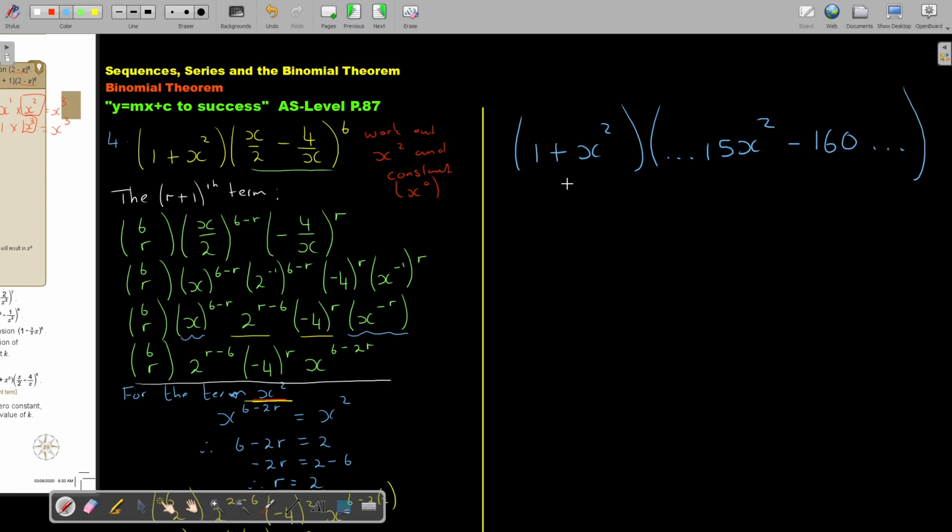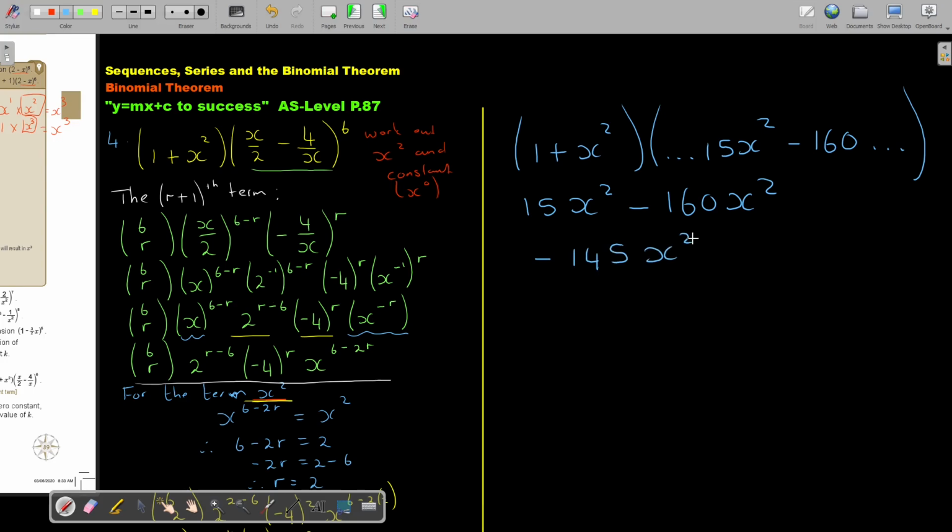So if I multiply this, I'm going to get 15x squared, and if I multiply this, I'm going to get minus 160x squared. Because that is the terms I will work with. And if I'm pressing that on my calculator, or I can just think it out, don't even have to press, it's going to be negative 145x squared.